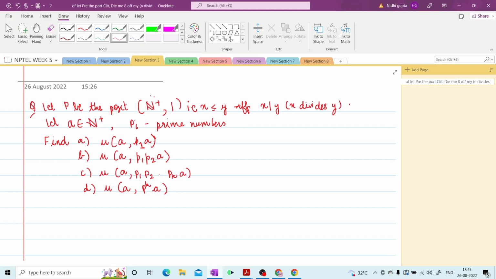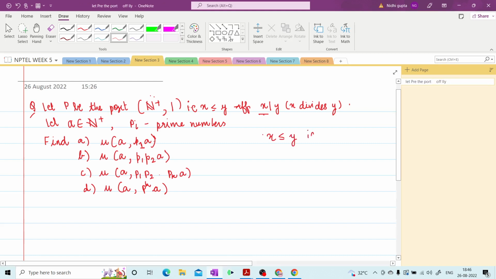So you can see this is a partial order relation. For a partial order relation, we want that it should be reflexive, antisymmetric, and transitive, and you see that all these three conditions are satisfied.